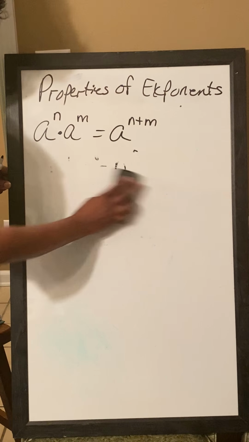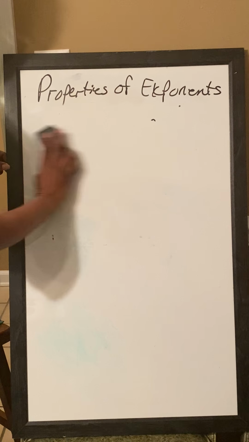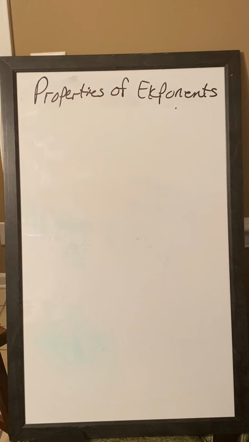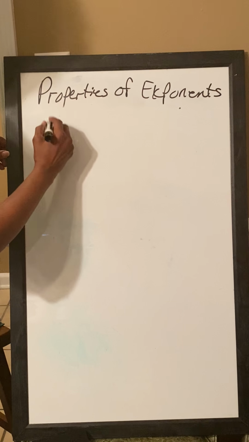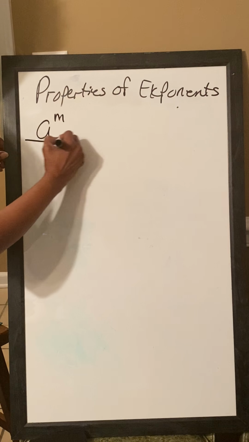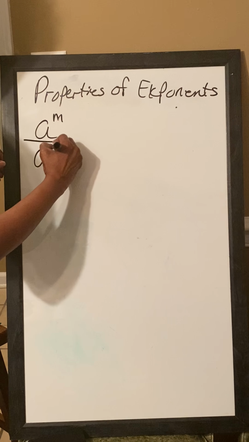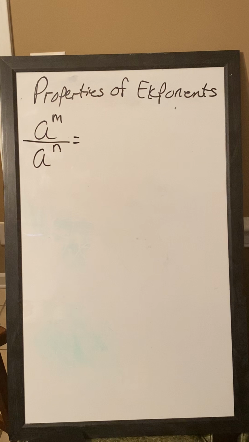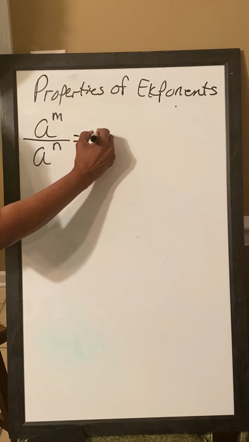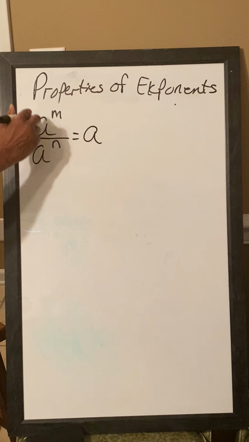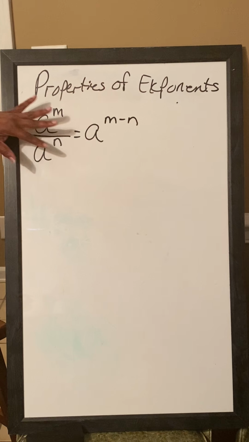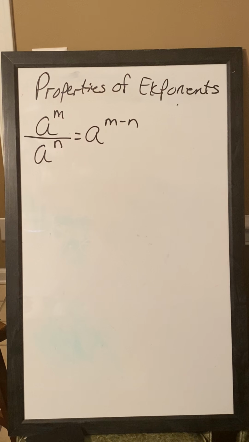Now let's look at what happens when we divide like bases. If I had a raised to the m divided by a raised to the n, these bases are alike. My base is a, and the rule tells me that I'm going to subtract the exponents. When I divide like bases, subtract the exponents.